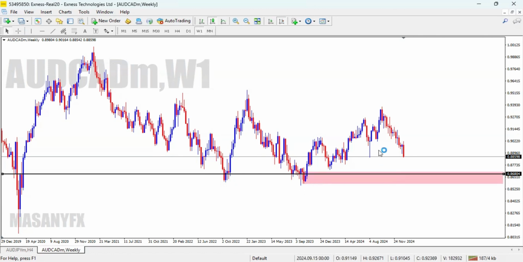My demand zone will be here. But because this is the weekly time frame, I can't use this as my zone because it is too big. We need to refine the entry. The entry needs to be refined at all costs.